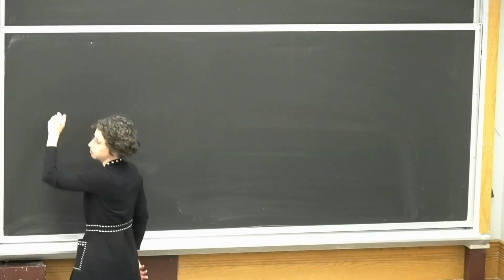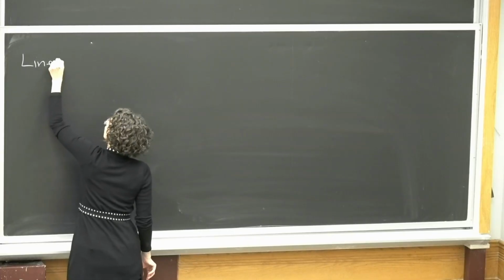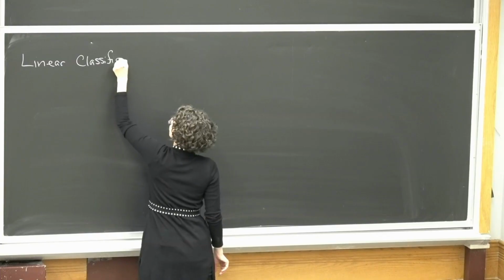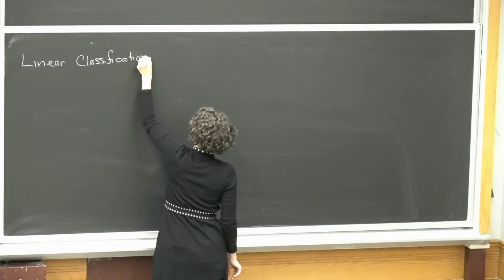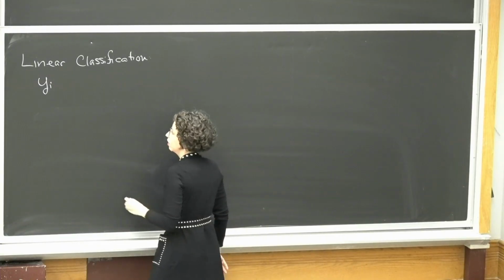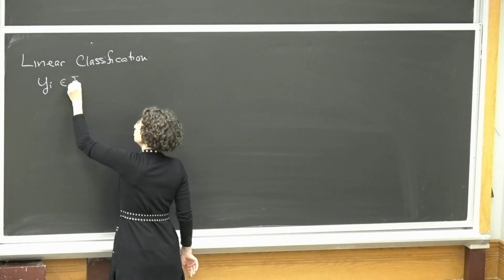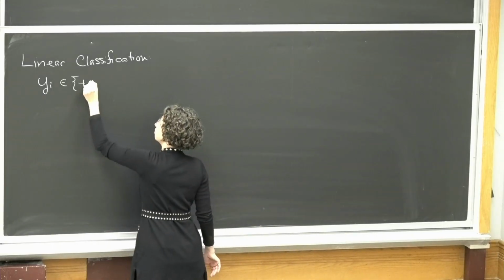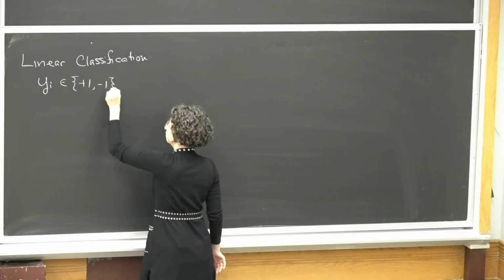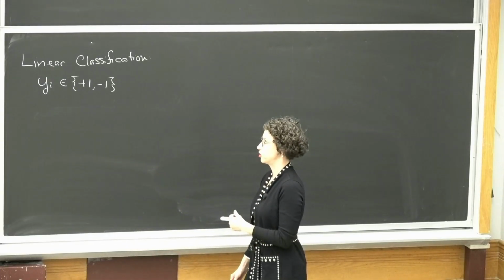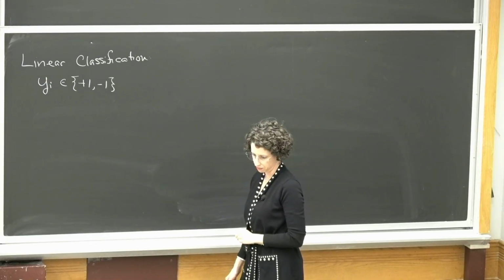So when we talk about linear classification, here, each one of the yi's, or all of the labels, are going to be one of two values. Let's just say either +1 or -1. So different than the plot that we had on the middle board when we were talking about a regression problem.